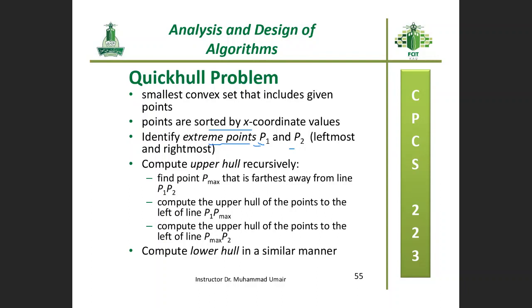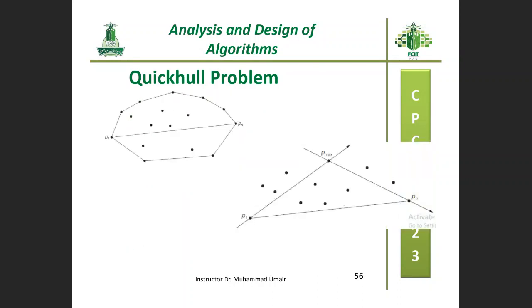Whatever extreme points you have determined, join them together and they will form a line, and then determine the point which is the farthest from this line and draw the triangle. See the diagram, then it will be more clear.